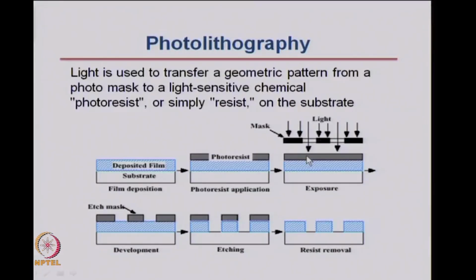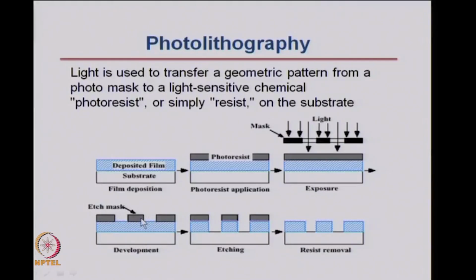Now, selectively light is falling in this area and in this area on the photoresist. So, when that happens, this part of the photoresist gets removed. This is a particular type of photoresist which is called a positive photoresist, which we will discuss, where wherever light is falling, that part gets soluble or dissolved away and you are left with these gaps.